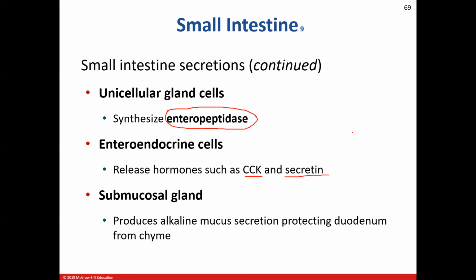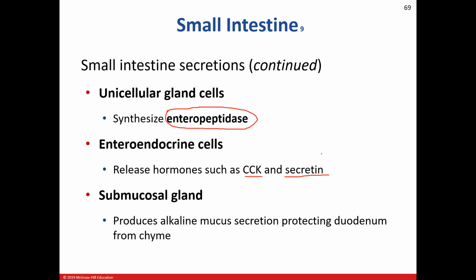We have to address the endocrine portion of it, and we mentioned CCK, cholecystokinin, and secretin, and how they act on the stomach, because they are the endocrine part, the chemical portion, which will decrease the motility of the stomach and the secretions of the stomach.